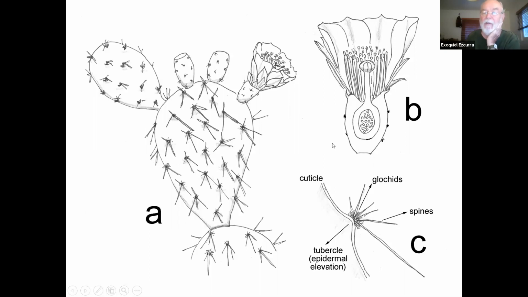The flowers are very, very distinctive in cacti, and there's no way you can confuse them with any other family. The ovary, drawn here, has parietal placentation inside the ovary, and multiple seeds, in some fruits hundreds, in some thousands of seeds inside the fruit.